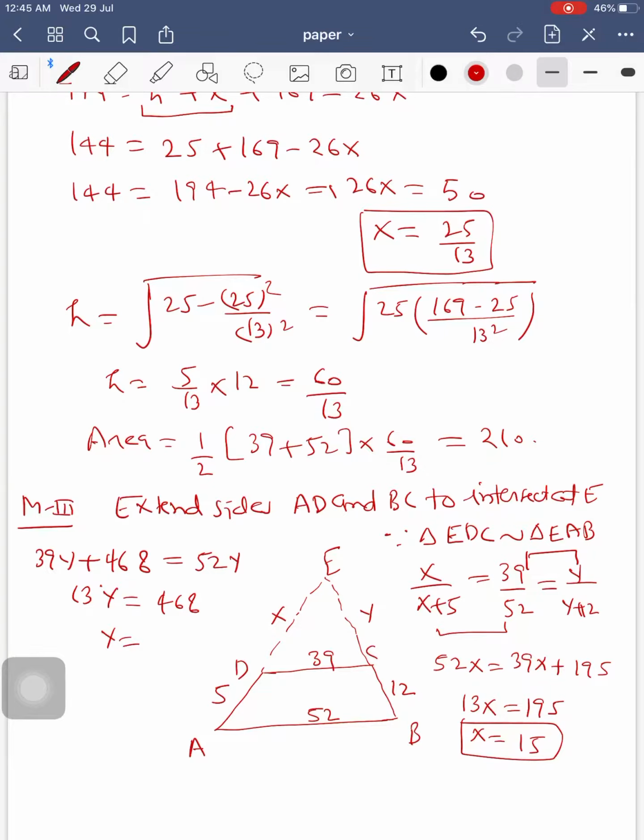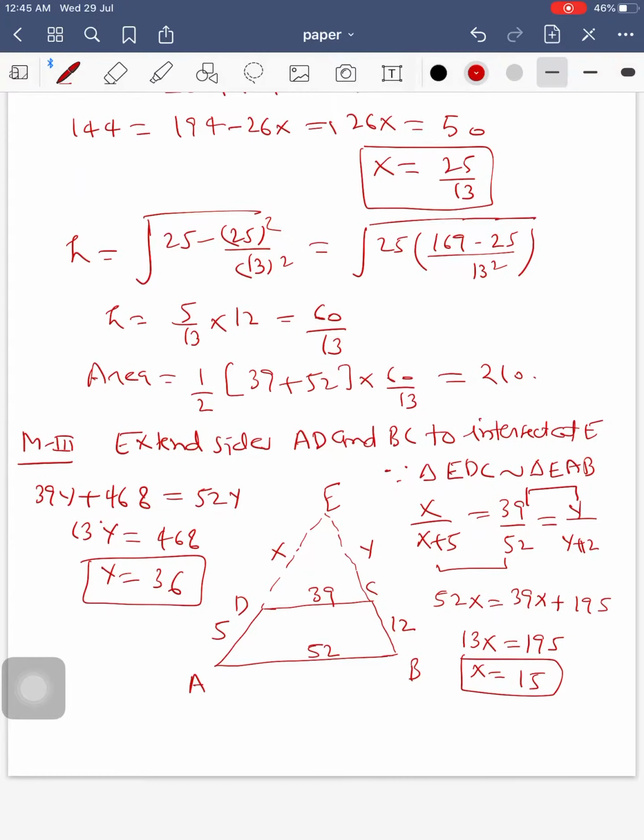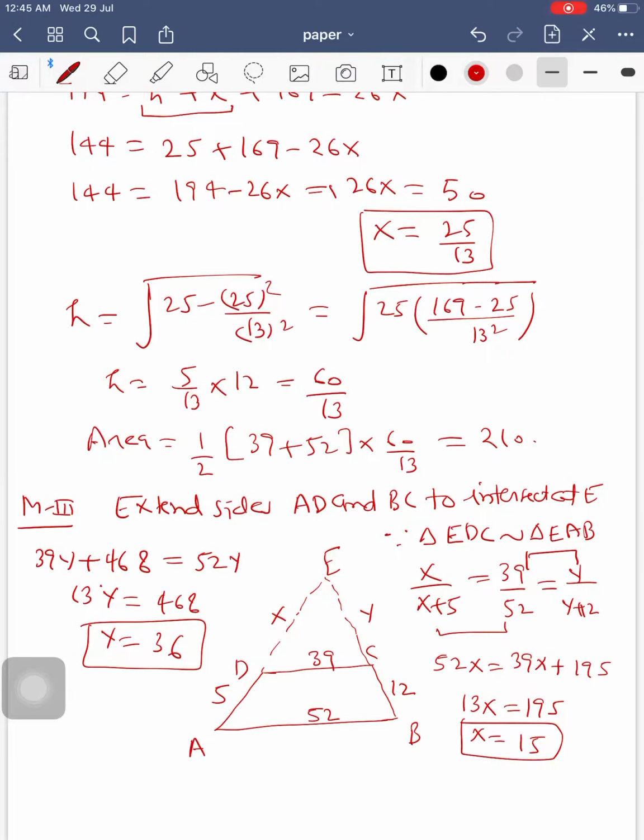I think this is divisible by 13 or not. 13 times 3 is 39 and 13 times 6 is 78. Very good. X and y both are integers, no big issue. X is 15, y is 36, and DC is 39.